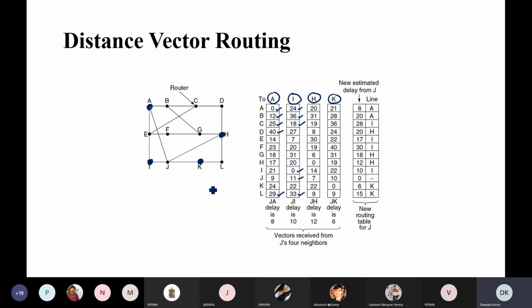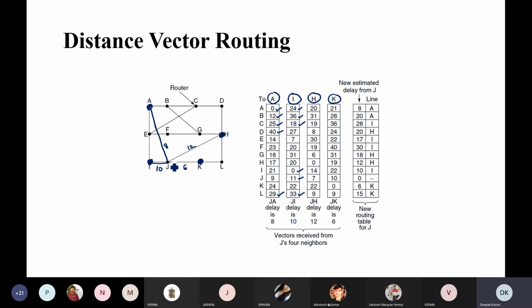J to A, this path, suppose this is 8. J to I is this path, so it is 10, J to H is 12 and J to K delay is 6.